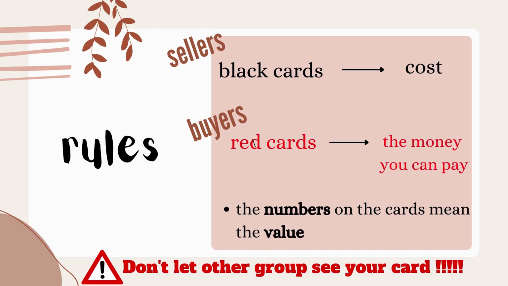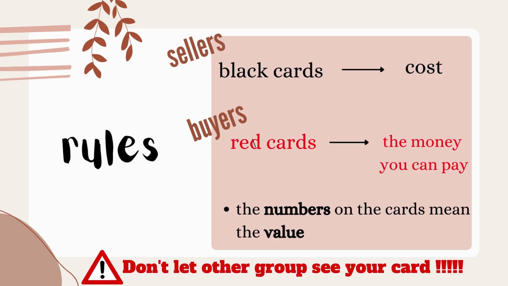For sellers, the key point of the price is cost, 成本. And for buyers, the key point is the money that you have. Because of these two factors, we will negotiate with each other and strike a balance.